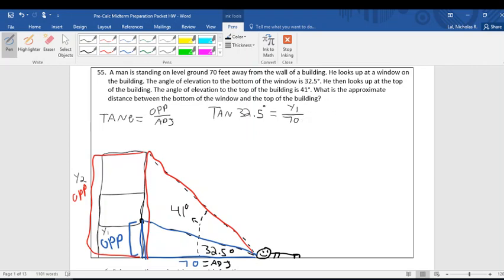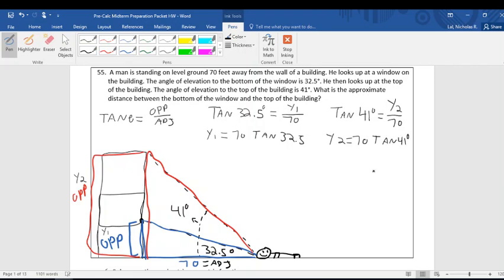And the tangent of 41 degrees is equal to y2 over 70, which means y1 is equal to 70 times the tangent of 32.5 degrees, and y2 is equal to 70 times the tangent of 41 degrees.